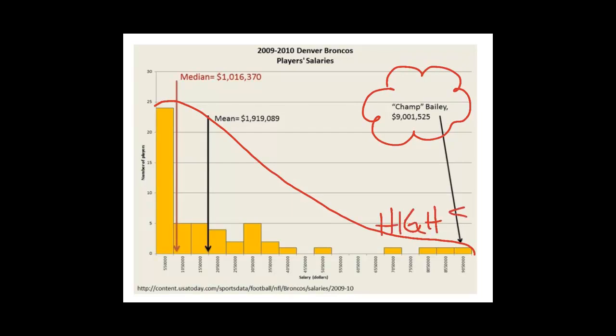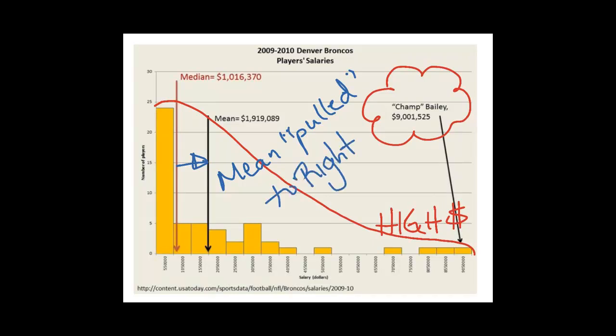Thus, using the mean salary isn't a good representation of how much an average player earns. The median, which remember separates the lower 50% of salaries from the top 50% of salaries, is a much better representation of how the quote-unquote average player is paid.